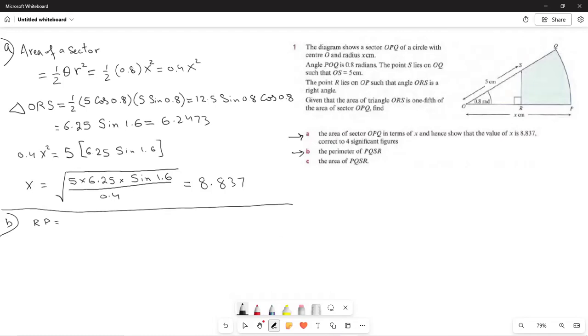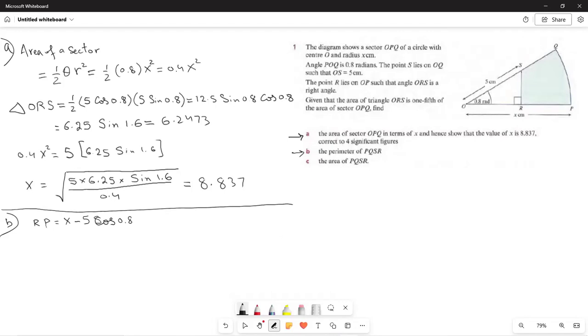RP is simply x, which is the total length, minus OR, and OR is 5 times cosine of 0.8. I hope it's clear.